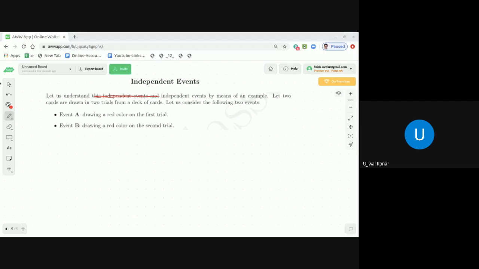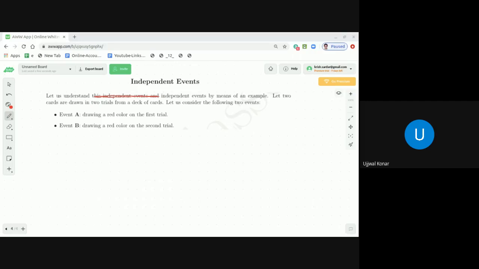These two events, A and B, will be independent or dependent based on whether the card is replaced after the first trial or not.